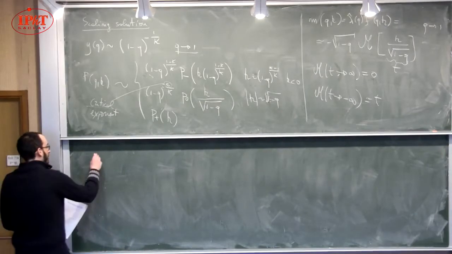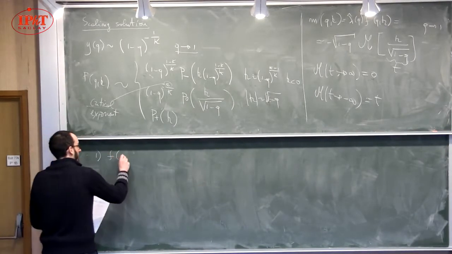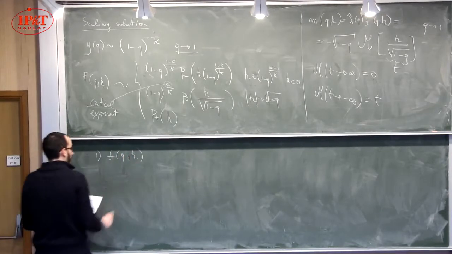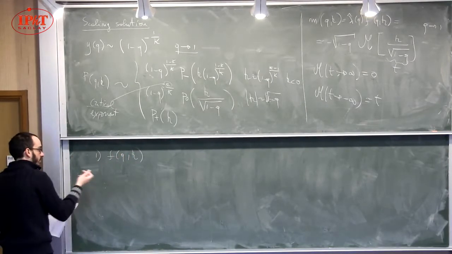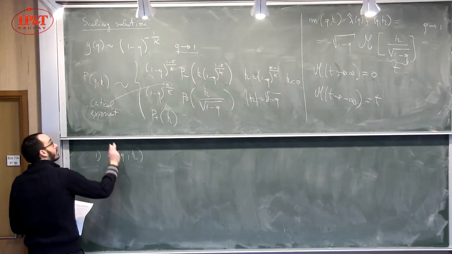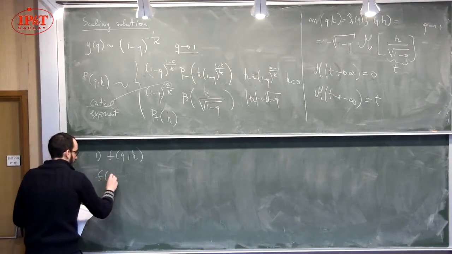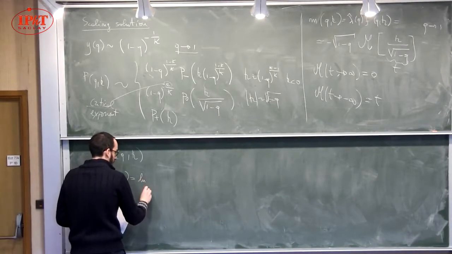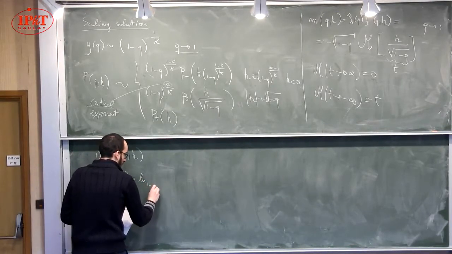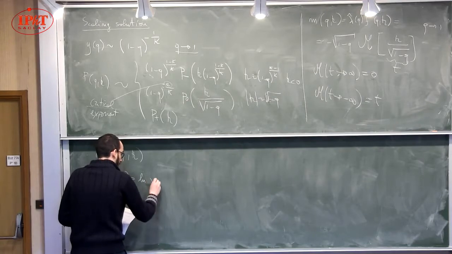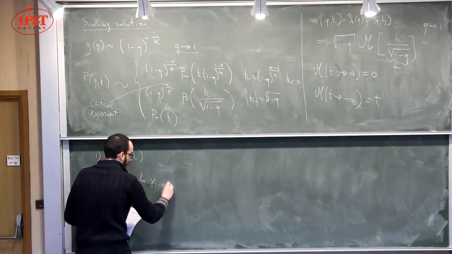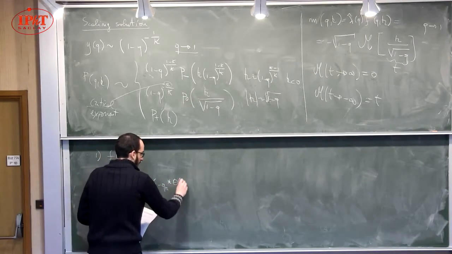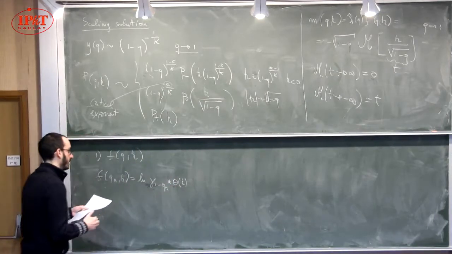So let's take back f of q and h. The initial condition, the boundary condition, is at q equal big M. That is the log of 1 minus gamma of 1 minus qm, really with the initial theta.